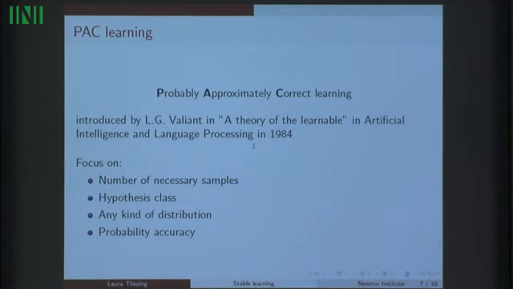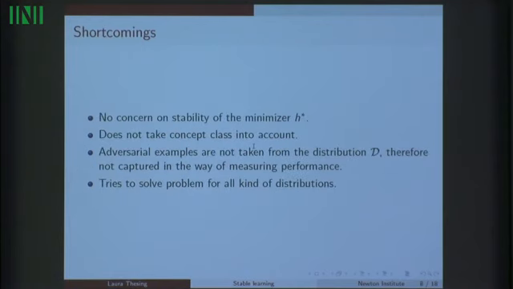It also tells you something on how to choose your hypothesis class to get the bias and variance trade-off. It works for any kind of distribution of your underlying training set, and it is also focusing mainly on the probability of the accuracy. So it's a very nice framework, but it also has quite some shortcomings.